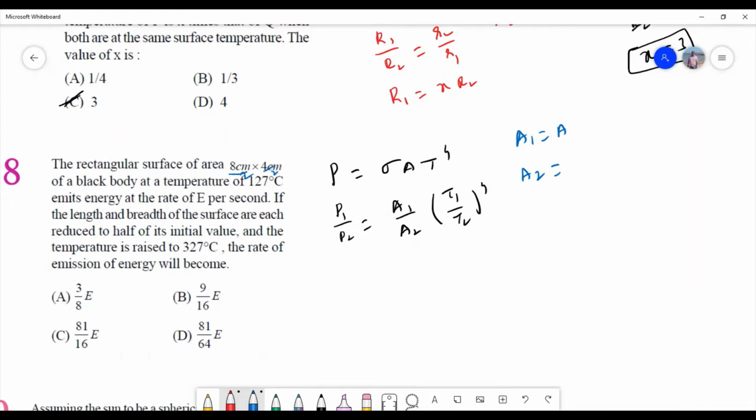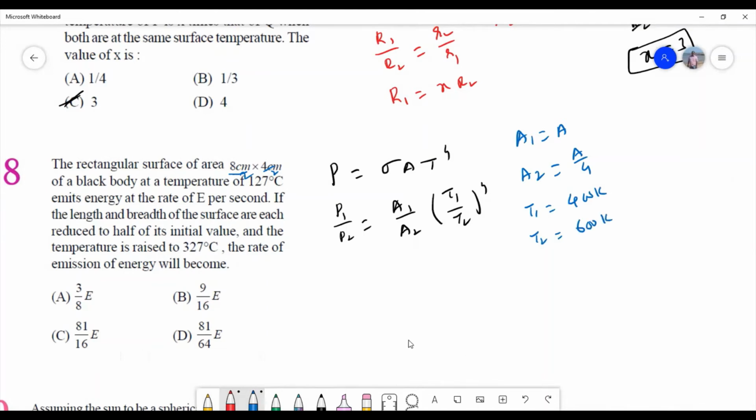So it becomes 1/4. So the area A2 becomes A by 4. And T1 is equal to 273 plus 127, which is 400 Kelvin. And T2 is 327 plus 273, which is 600 Kelvin.